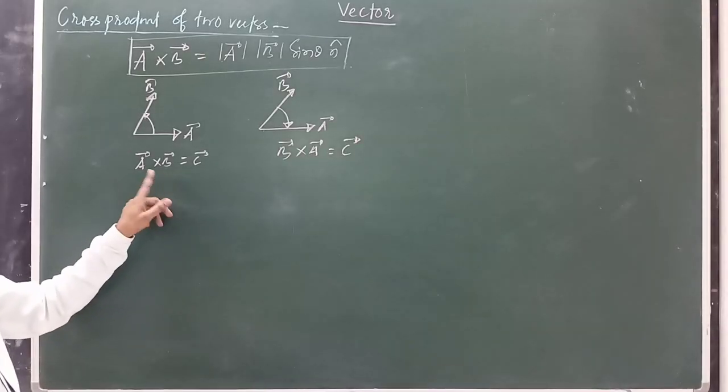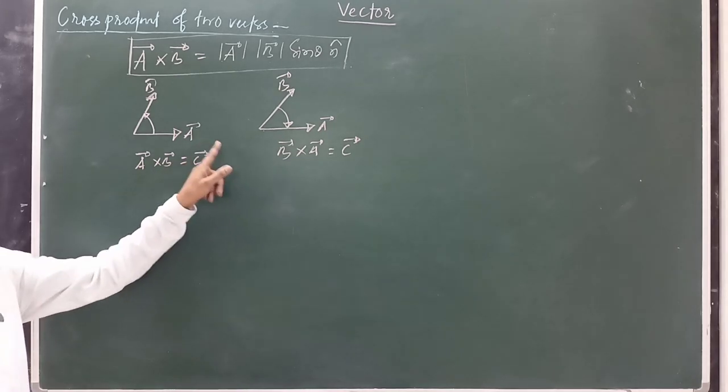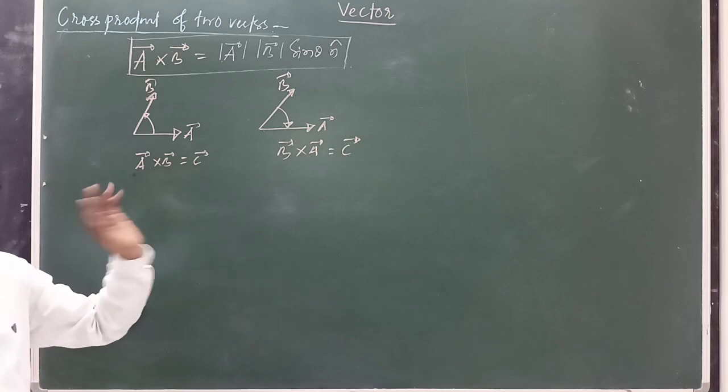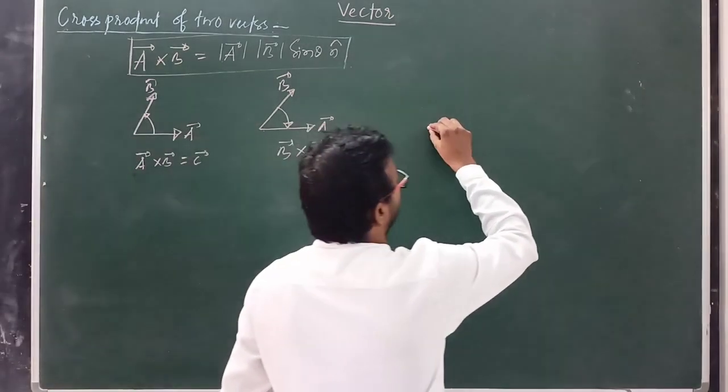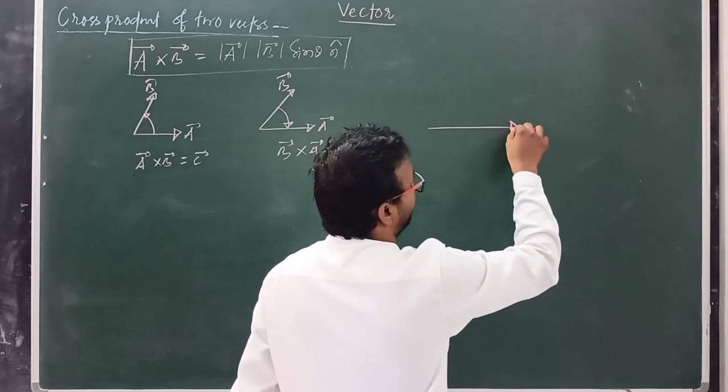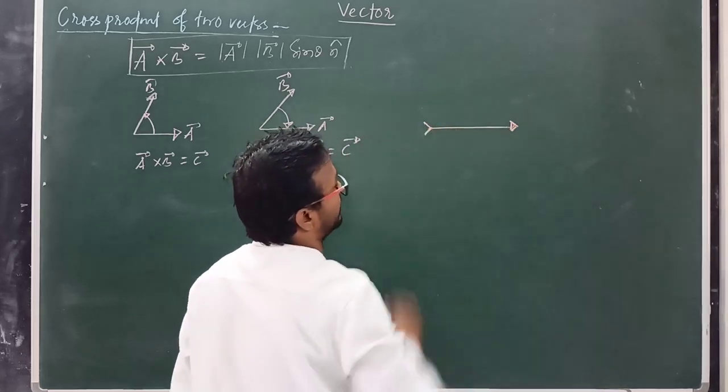So A cross B equal to resultant vector C vector and its direction perpendicular to the plane containing A and B. Now suppose there is one arrow and this is head pointed, and this is tail, you can say.